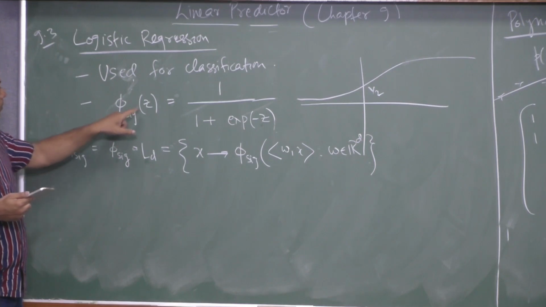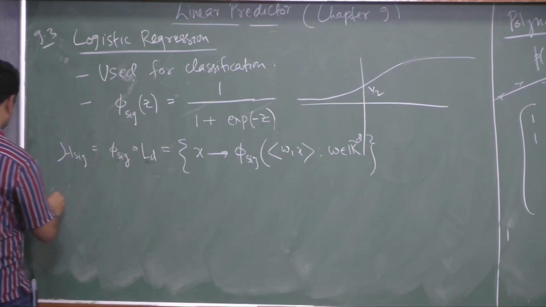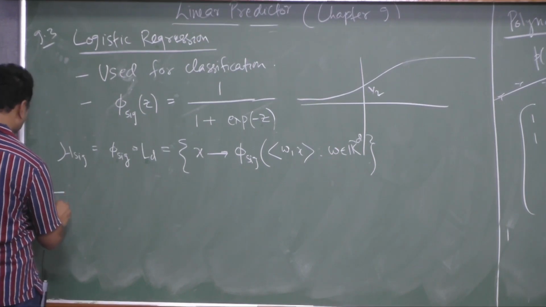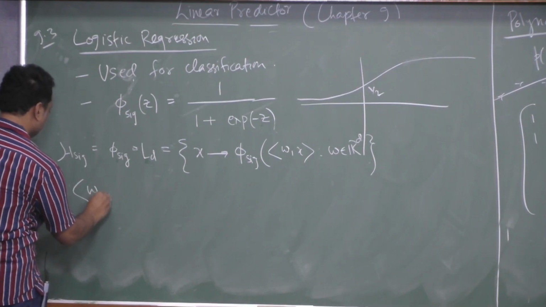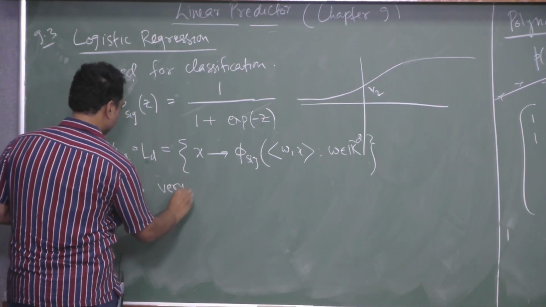So a natural question now is, when W transpose X is large, what can you say about phi of W transpose X? Let us look into cases. W transpose X is very large.